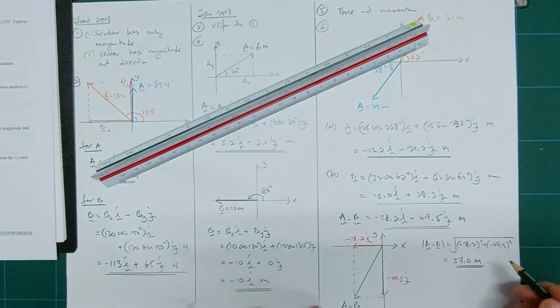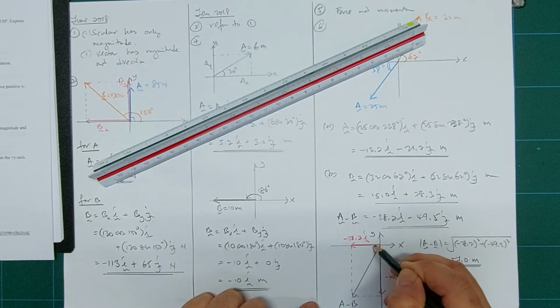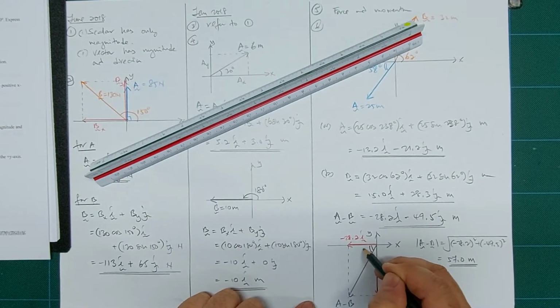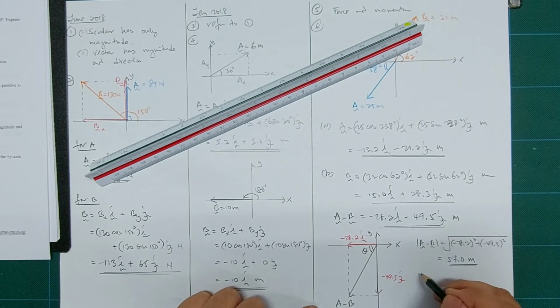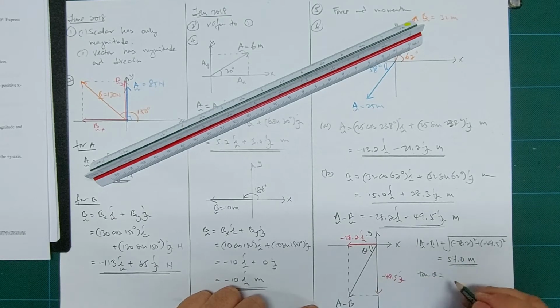Now the angle, we normally refer to the horizontal axis. So we call this one theta. We can use tangent. So tangent theta is equal to 49.5 divided by 28.2.